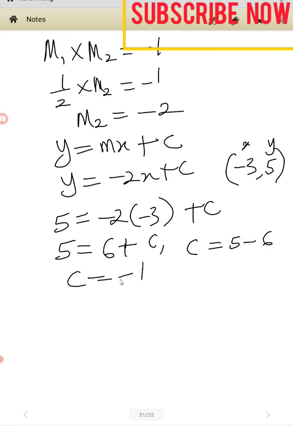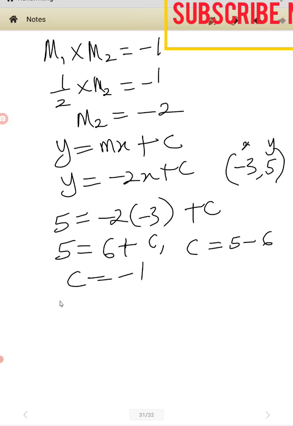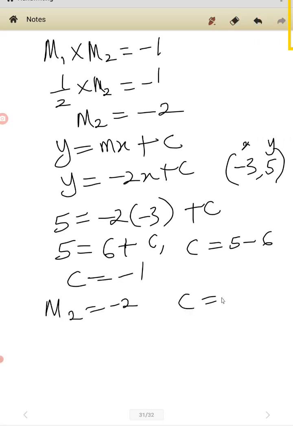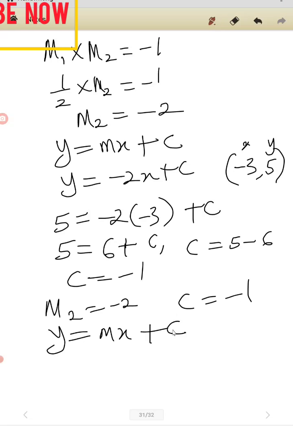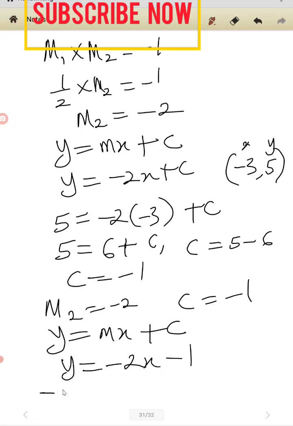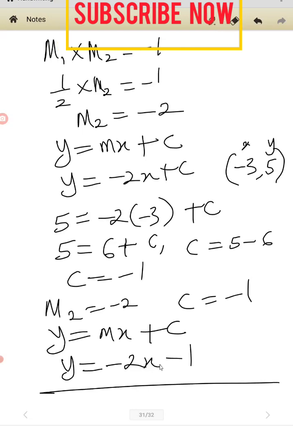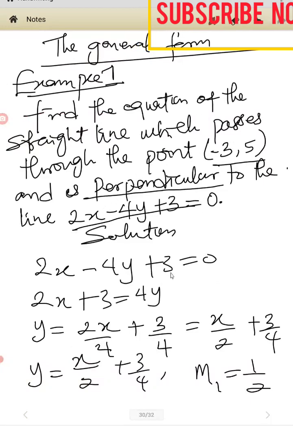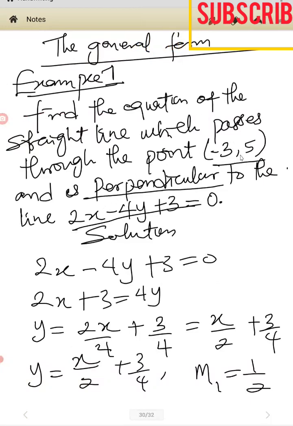So if m2 is minus 2 and c is minus 1, and the equation of a line is y equals mx plus c, you just substitute: y is equal to minus 2x minus 1. This is the line perpendicular to the given line. So we have solved the one with the perpendicularity condition.